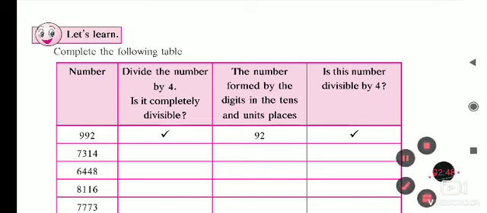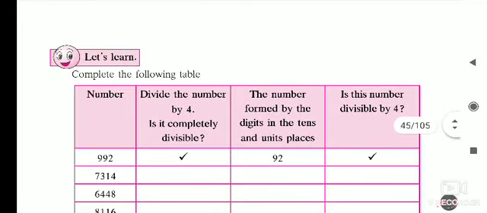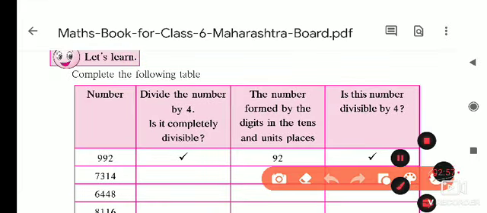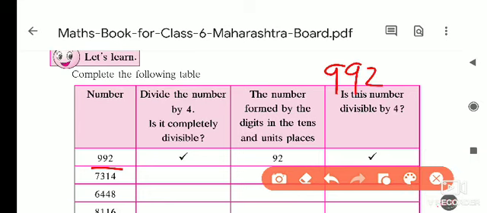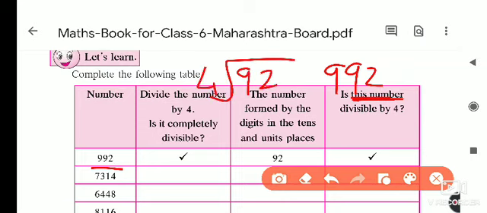Next is the divisibility test of 4. What is the divisibility test of 4? We have to write down the given number. For example, I will take 992. We have to check whether 92 is divisible by 4 or not, only the unit and tens place number. If the number formed by the unit and tens place is divisible by 4, then the given number is divisible by 4. So divide 92 by 4. 4 ones are 4, 4 twos are 8, remainder is 1.